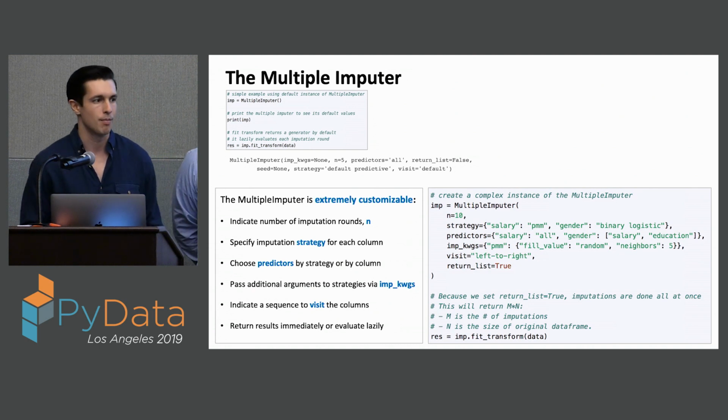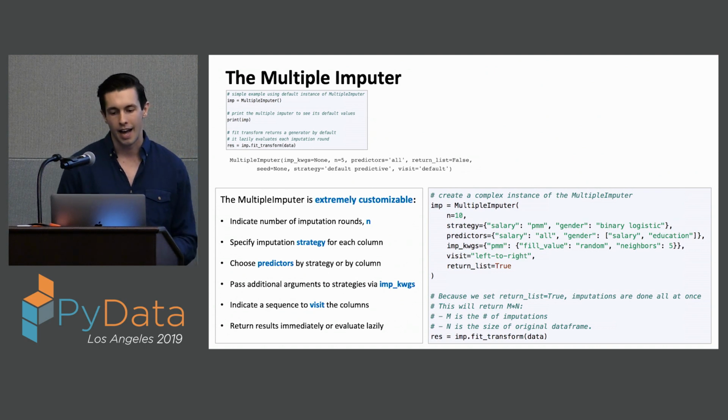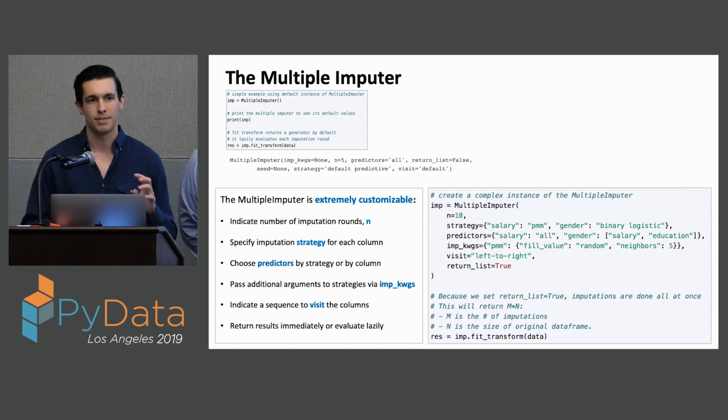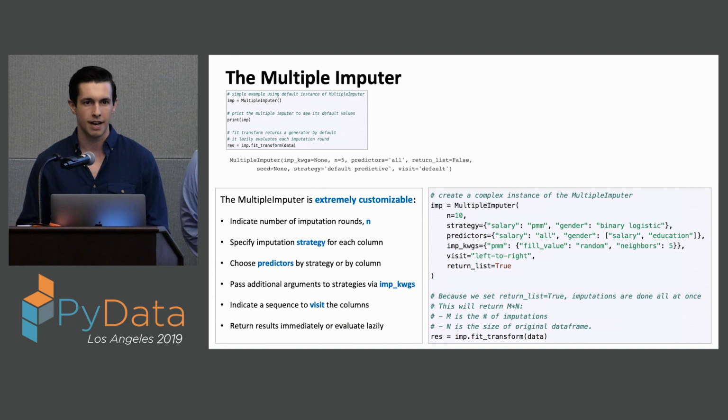So PMM is a hybrid method between Bayesian regression and KNN. And so with Bayesian methods in PyMC3, you can specify a number of arguments, right? So what you can actually do is put them in the imp_kwargs and further customize the different strategies that you use, right? So you can change the number of neighbors for KNN from 5 to 10, and basically control what PMM does, what logistic regression does.